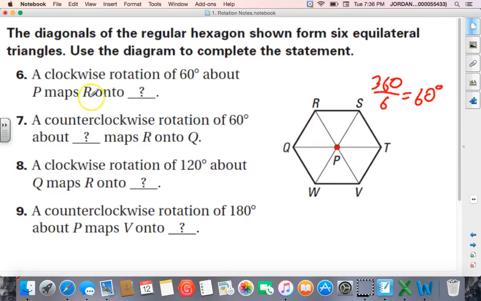So where's R going to go if I do a clockwise rotation of 60 degrees? R should go to S. It'll map R onto S if I rotate this hexagon 60 degrees.